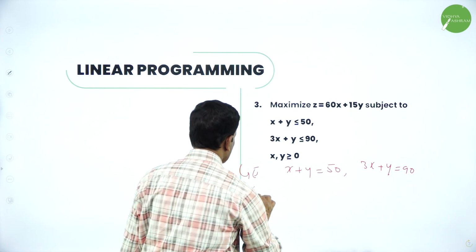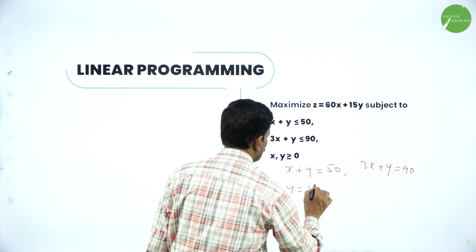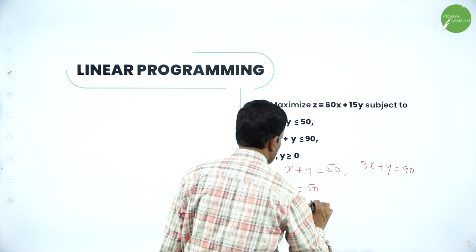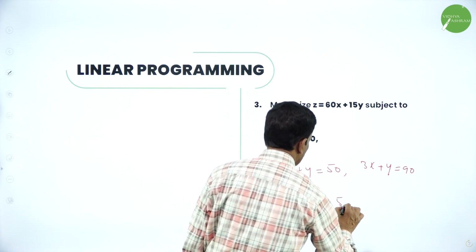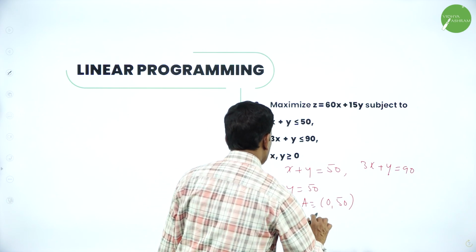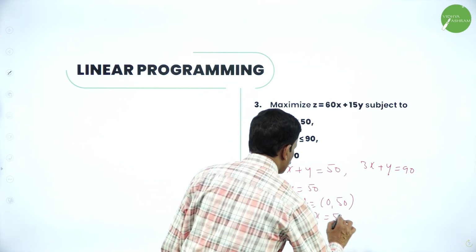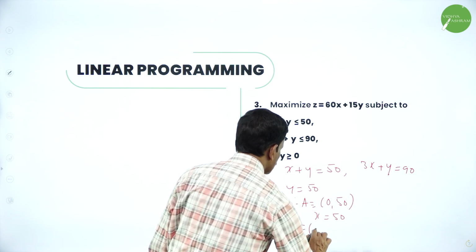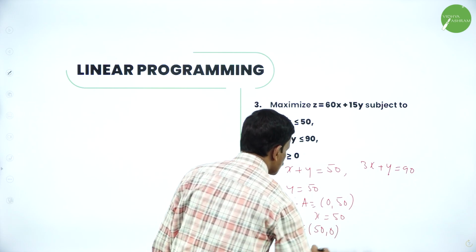Solve this. If we put x is equal to 0, y is equal to 50. Therefore, the point A is 0 comma 50. Similarly, if you put y is equal to 0, then x is equal to 50. The point B is 50 comma 0.